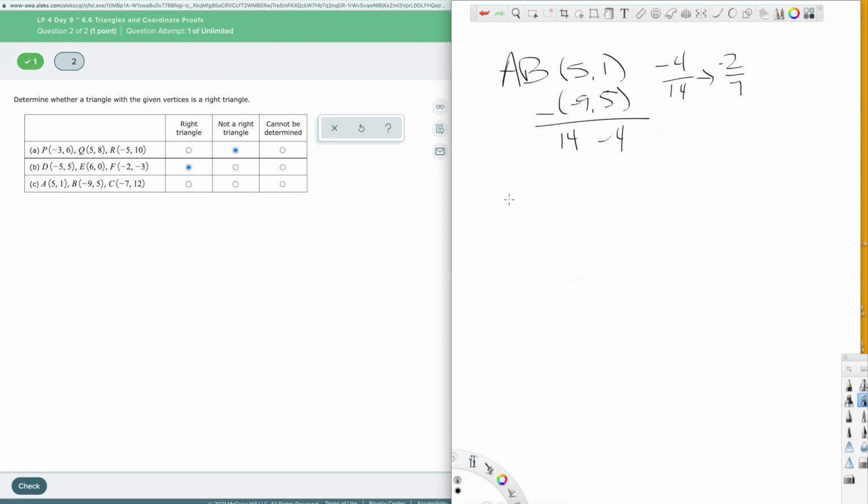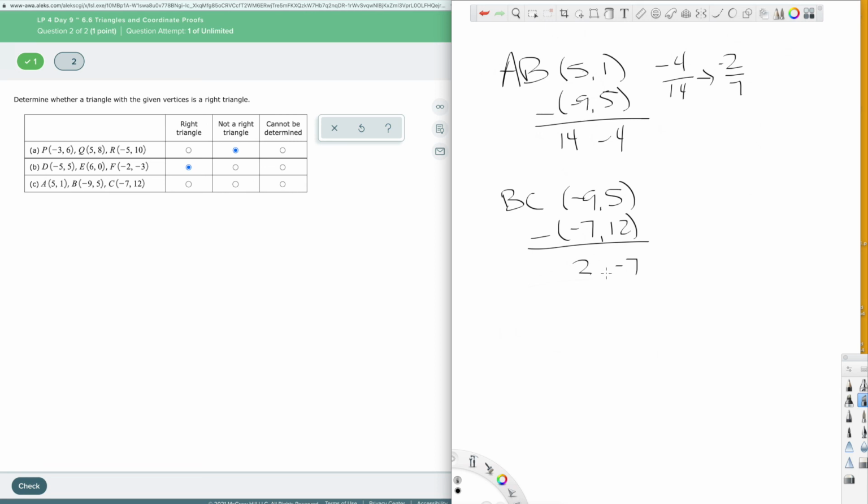Now I'm going to go BC. So I end up with 9, 5, -7, 12. 5 minus 12, that gives me -7. -9 minus -7, that turns into a positive, so this turns into a positive 2.